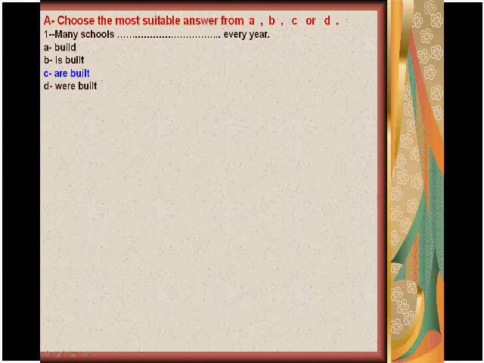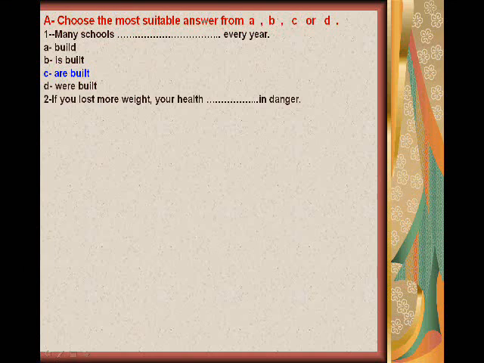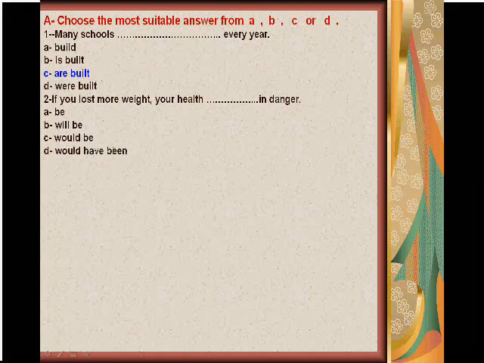Okay. Number 2. If you lost more weight, your health in danger. A, B, will be, C would be, D would have been. Again, this is a conditional sentence because we have if. Also, the verb here is lost, present or past. You have to think like that during the exam, okay?